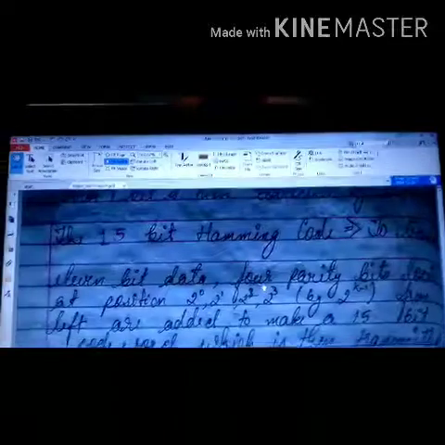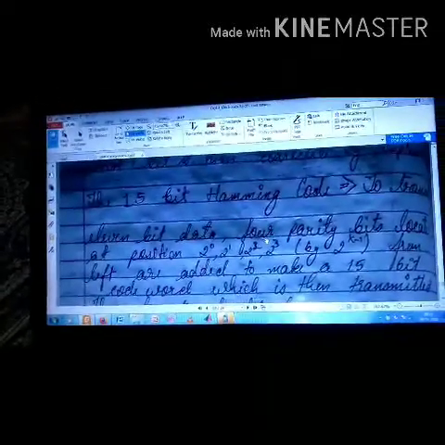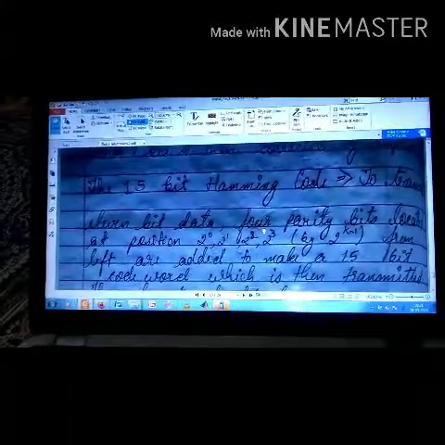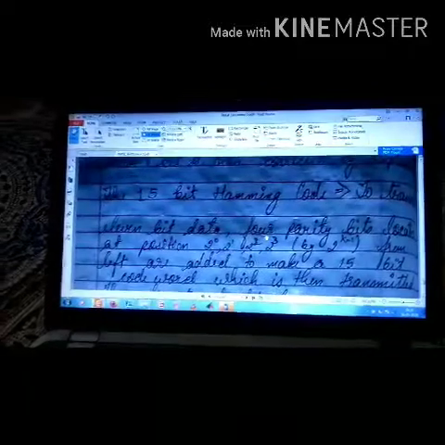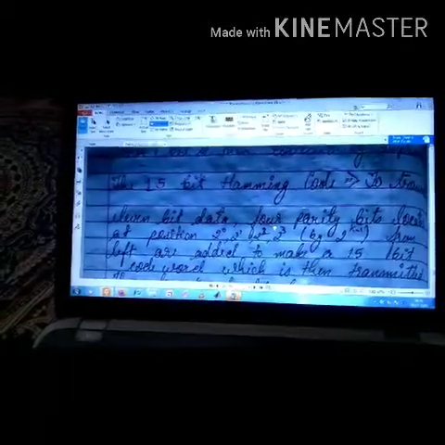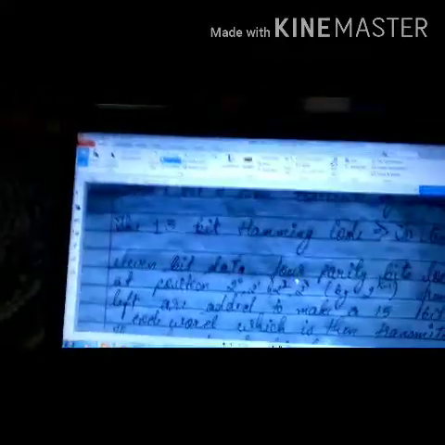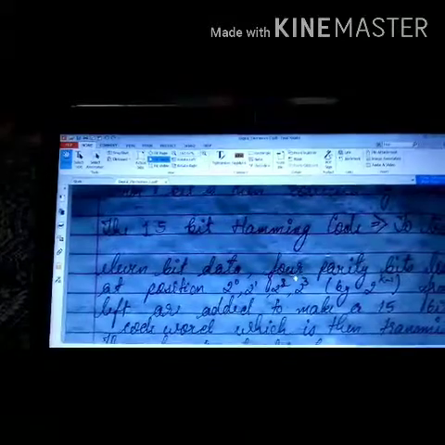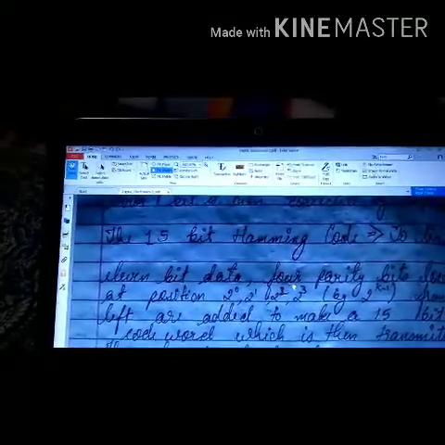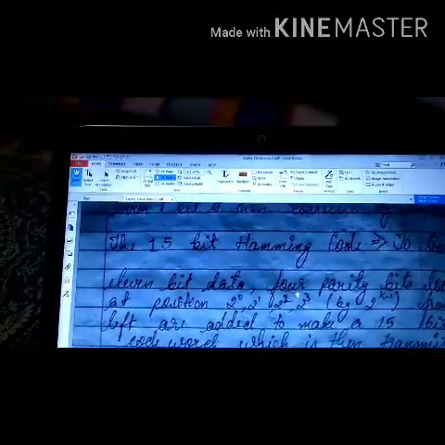Now similar to the 7-bit Hamming code, we have the 15-bit Hamming code. It is utilized to transmit 11-bit data, and we are using 4 parity bits because for 11-bit data, up to 16, 4 parity bits are required. So the parity bit positions will be 2 to the power 0, 1, 2 and 3, that is the positions P1, P2, P4 and P8.